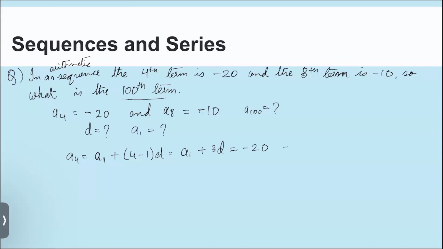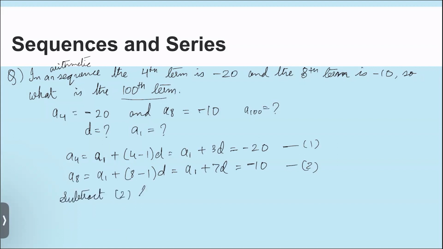So let this be your equation 1. Then your A8 is equal to A1 plus (8 minus 1)D, so A1 plus 7D is equal to minus 10. So this is your second equation. So we can then subtract 1 from 2.